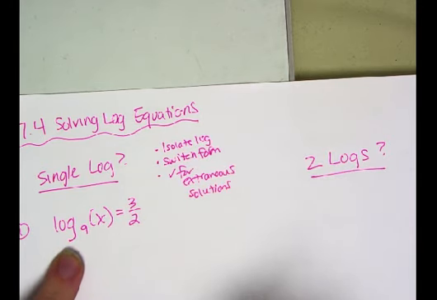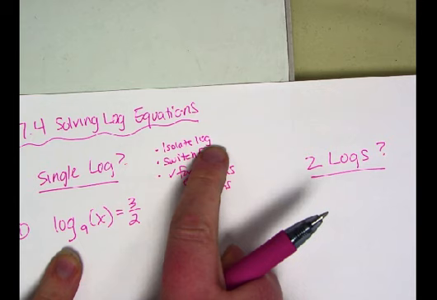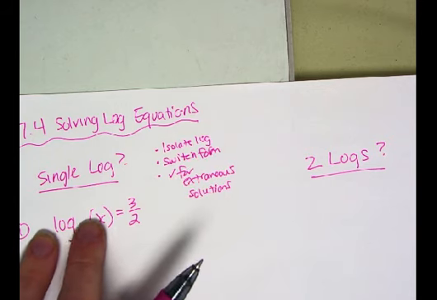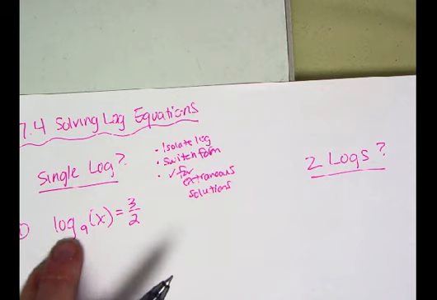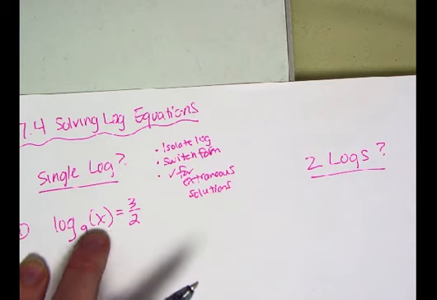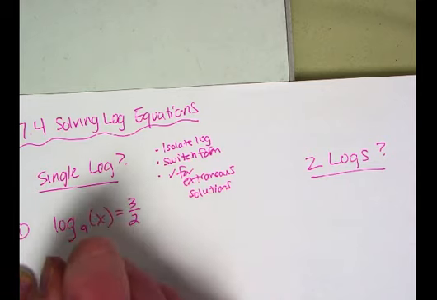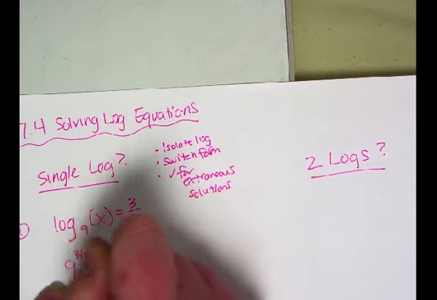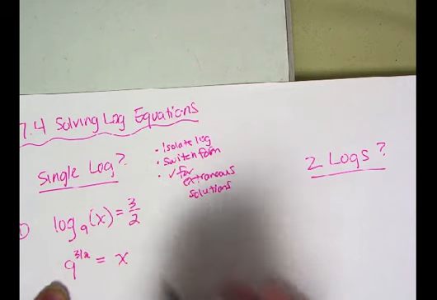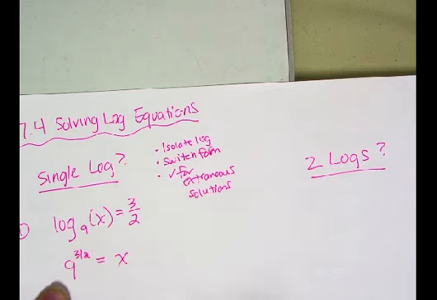Okay, so with this example, the log has already been isolated. There's no coefficient or constants. So now we're going to switch forms, which means we want to write it as an exponential. Our base is 9, and it's to the exponent of 3/2, and it equals x. Well, that was pretty handy.